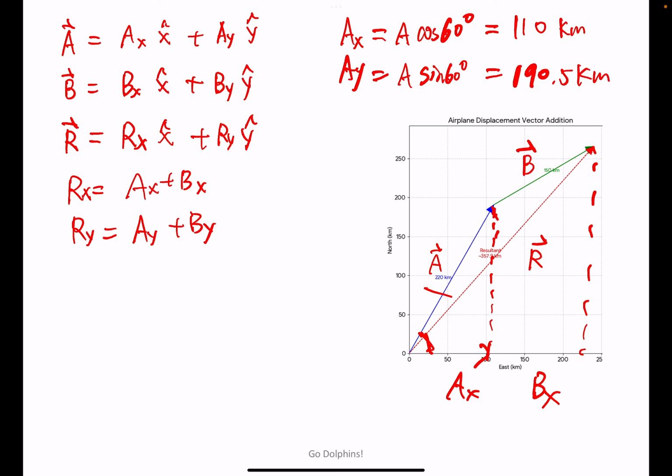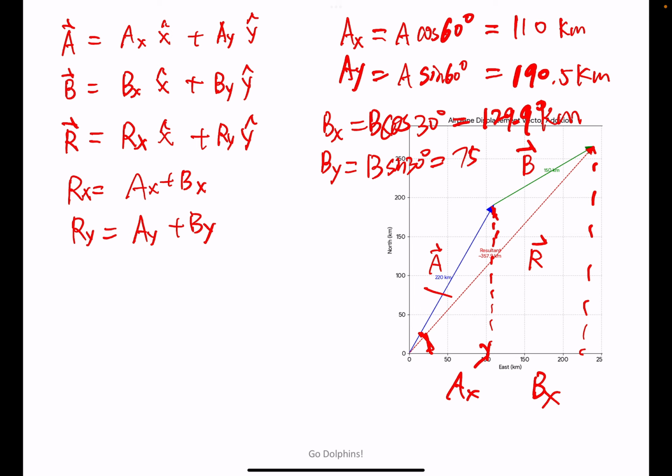Now we need to do the same for Bx, By. Bx is B times cosine 30° this time. So it's 129.9 kilometers for Bx. B sine 30° is 75 kilometers.